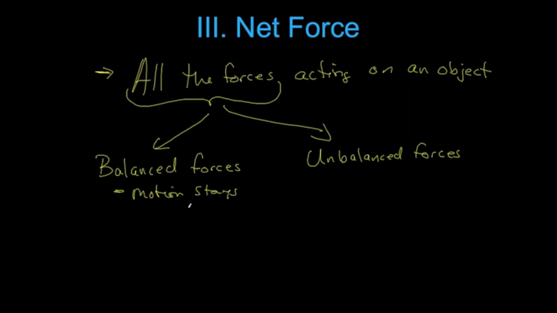So when the forces acting on an object are balanced, the motion is going to stay the same. When the forces acting on an object are unbalanced, the motion of the object will change.